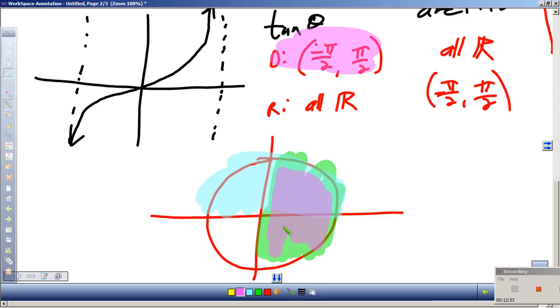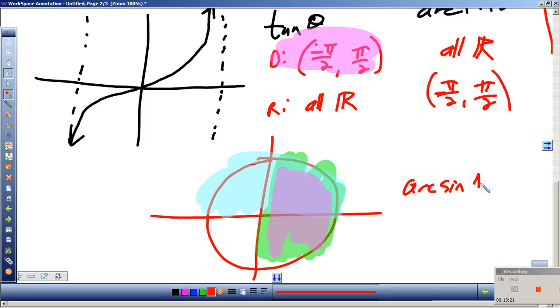So what is the arc sine of √3/2? Everybody got an angle figured out?